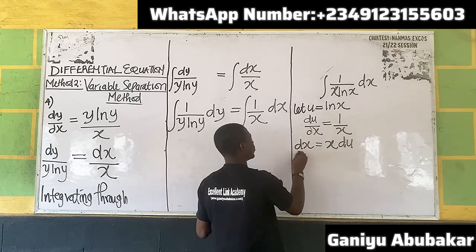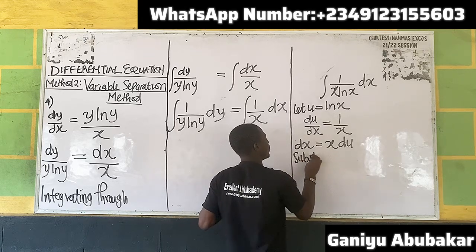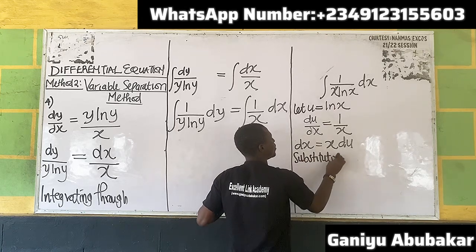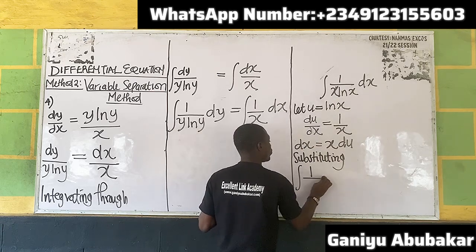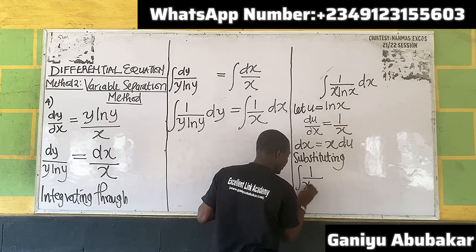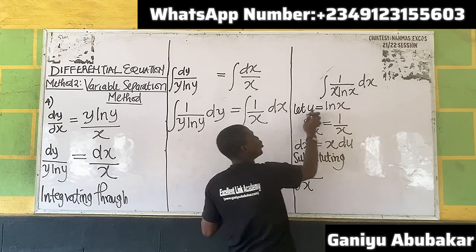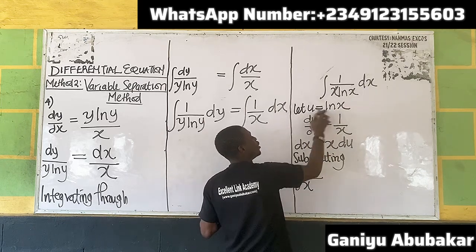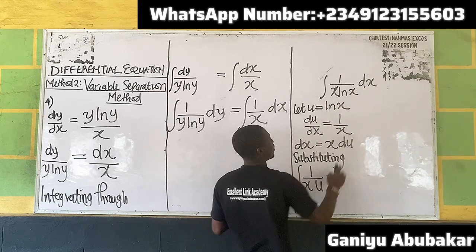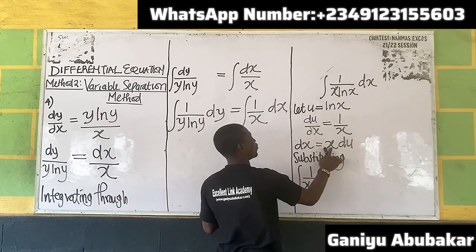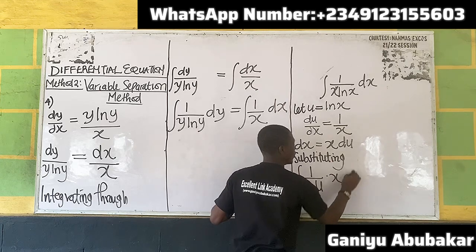From here, substituting, that gives you the integral of 1 over x, ln x is, we just said, u. So ln x now gives you u, dx now is x du.